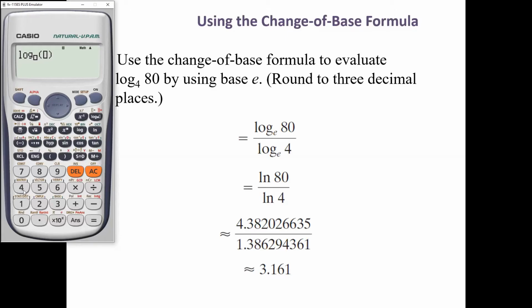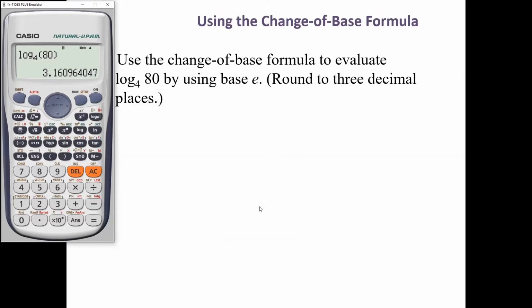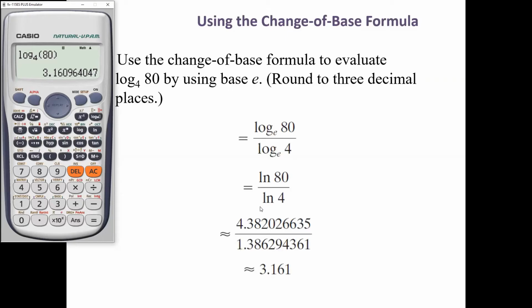Just put in the 4, move it over, put in the 80, and hit the equal, and you're going to get that. Because as you see, whether we go base E or whether we went base 10, you still get the same answer. Okay? So this just makes it so simple, that one key.